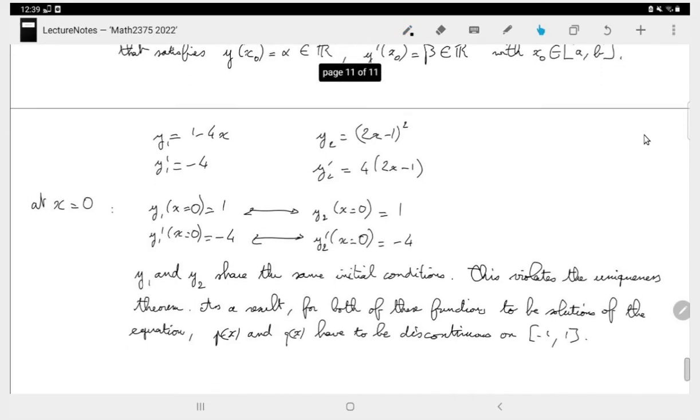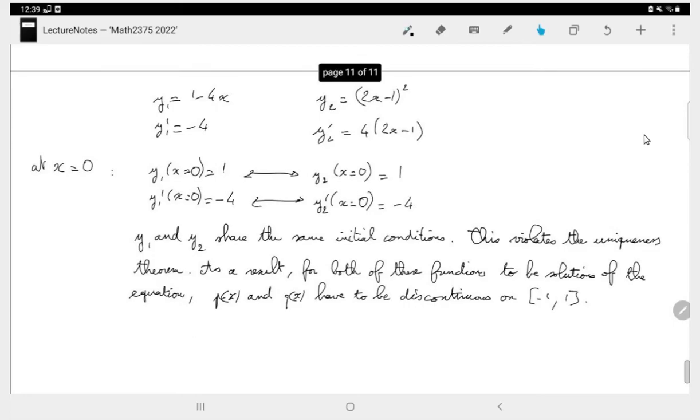The second part of the problem was looking at the second point, right? So we had another special point, which is 1/2.